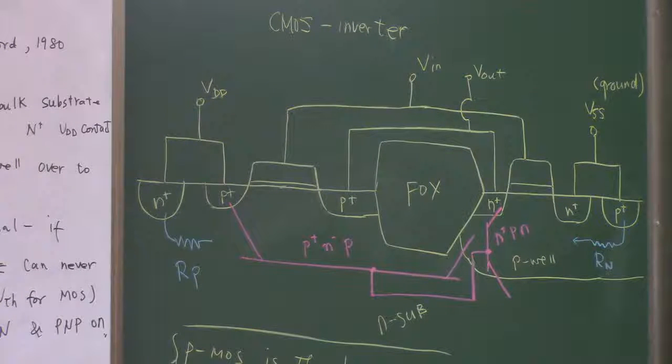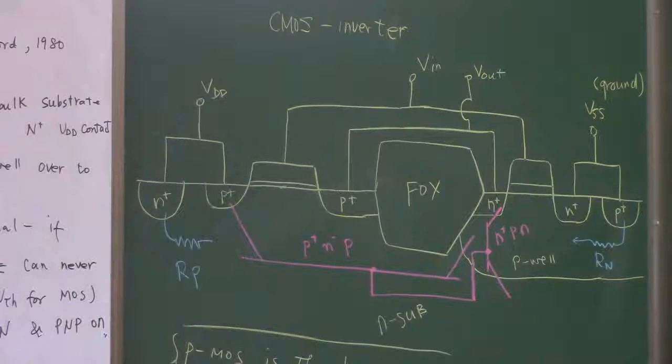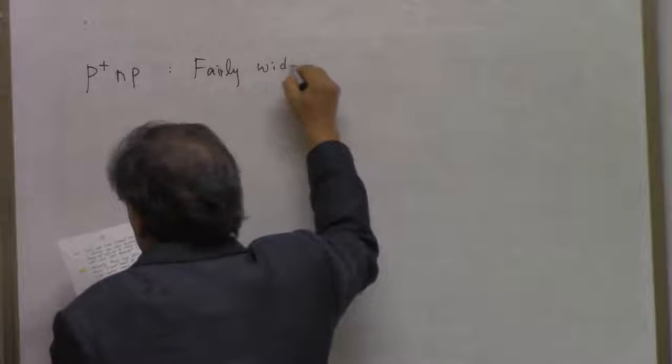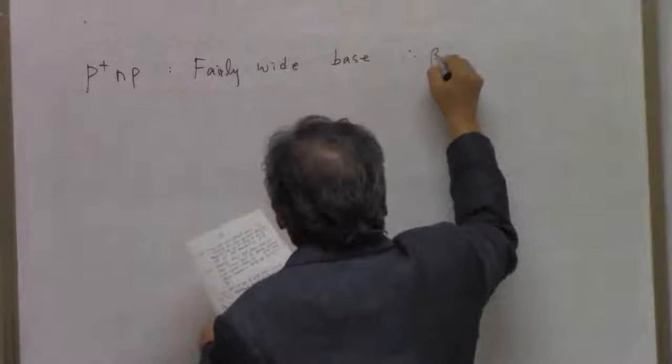And as you can see here, the lateral transistor, P plus N P, has a fairly wide base, so that the beta is very low in this case, right?